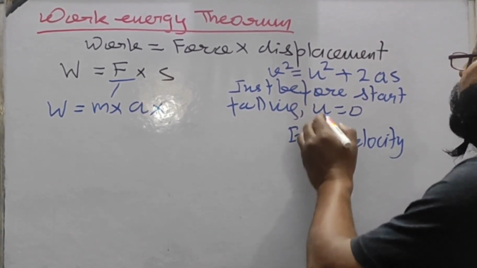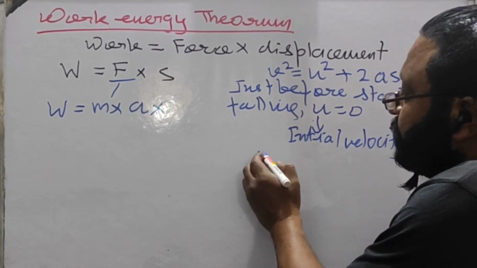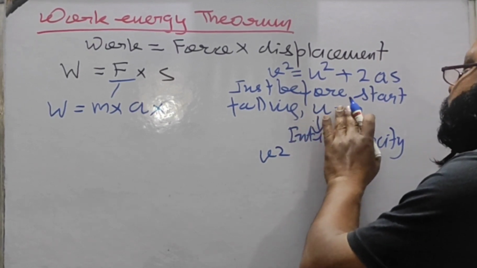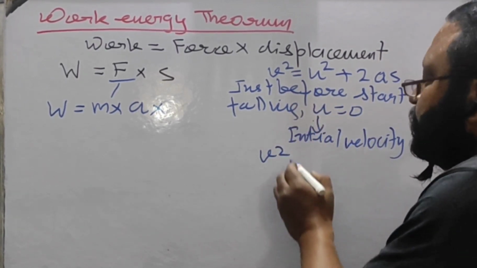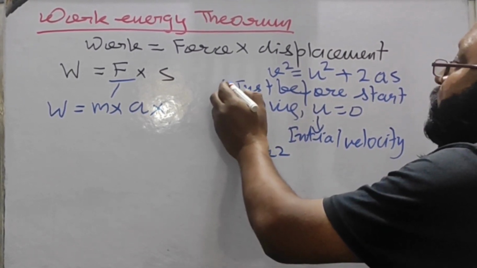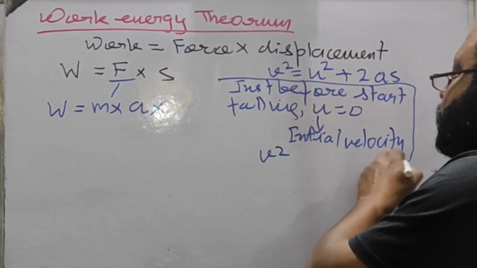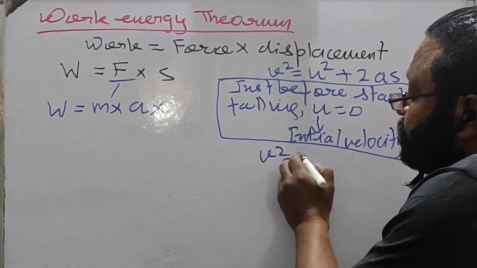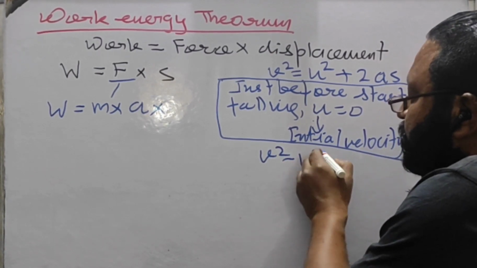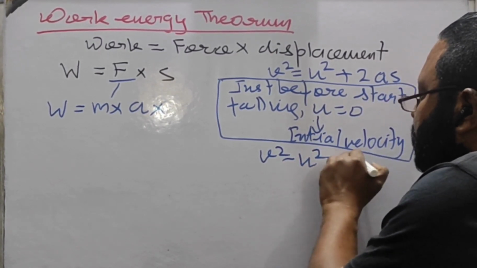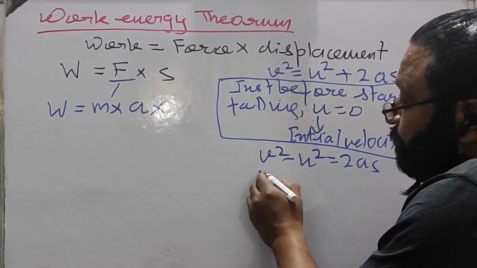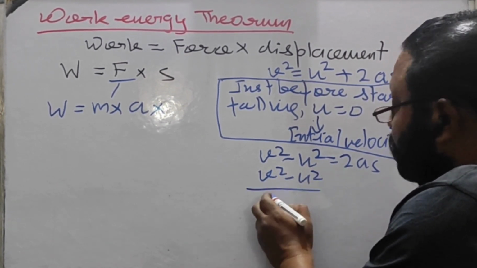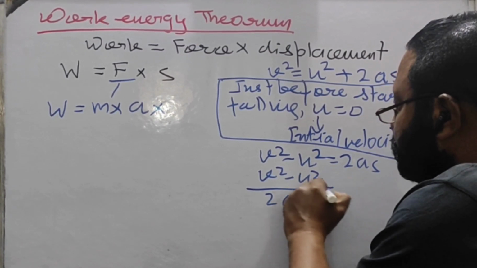Initial velocity u is 0. So when we put this value here, it becomes v square, no need of this. So v square minus u square is equal to 2as. So you can write v square minus u square upon 2a is equal to s, right?